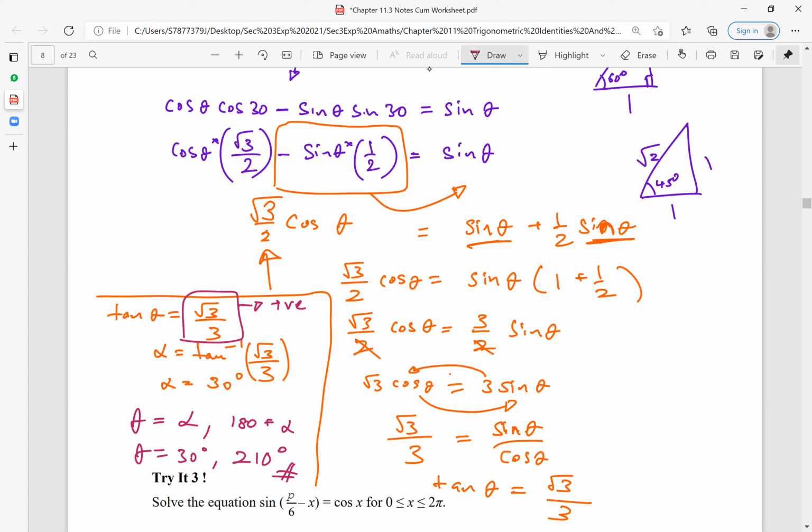You can see all the things are interconnecting, right? How many marks is this question? This is easily 3 marks to 4 marks.